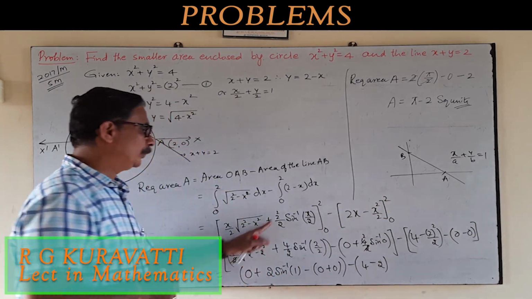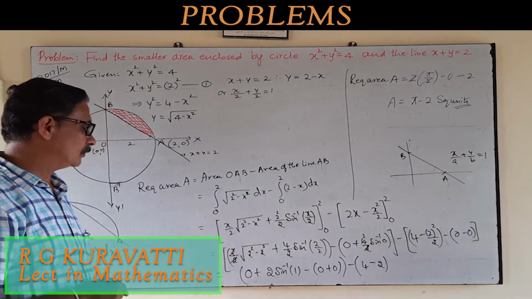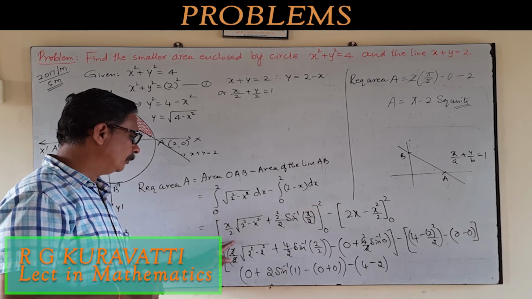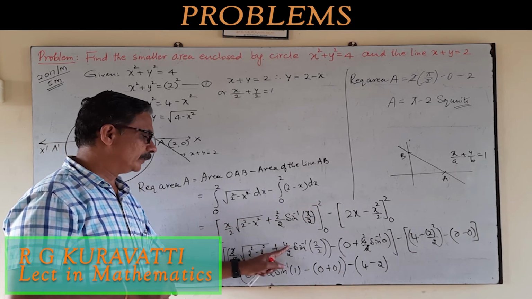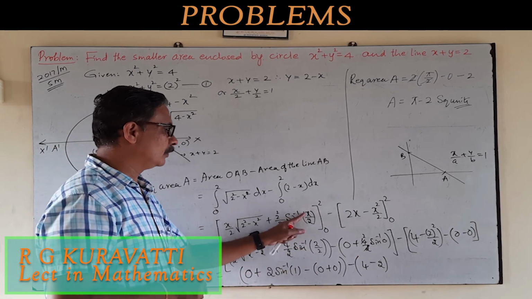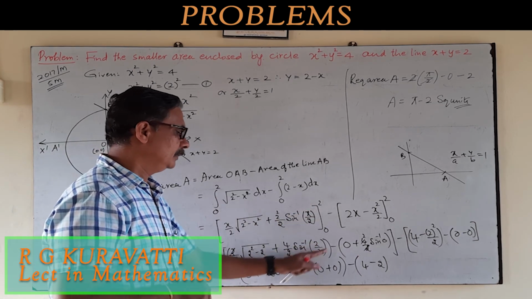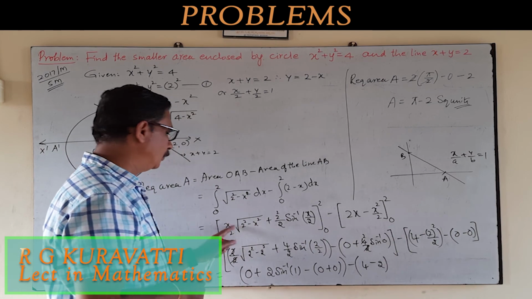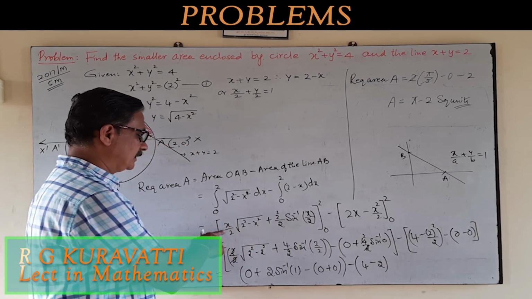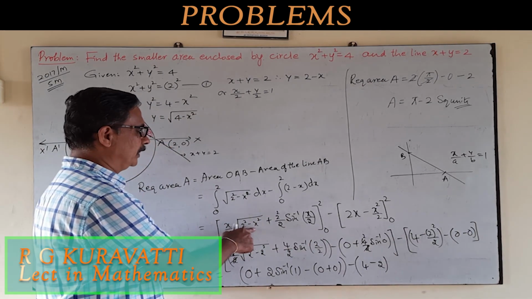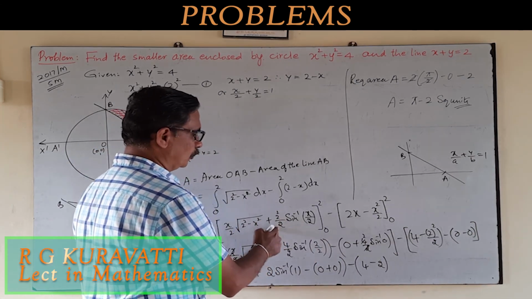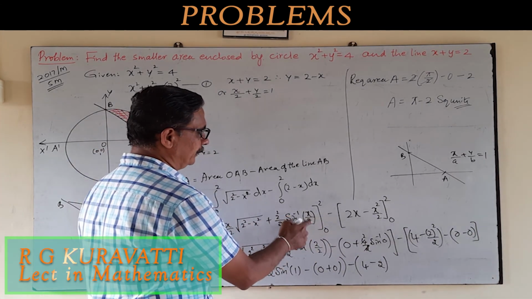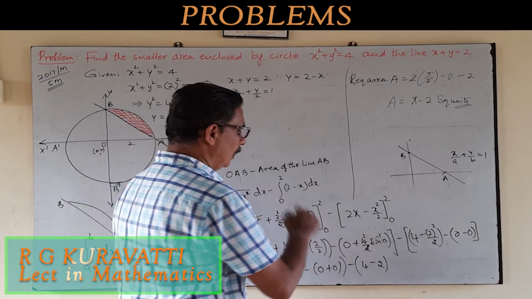Now put x equal to upper limit minus x equal to lower limit. Upper limit: 2 by 2 under root of 2 square minus 2 square, plus 2 square by 2 sin inverse of upper limit x value 2 by 2, minus lower limit 0. Put x value 0: 0 by 2 is 0 into root of 2 square minus 0 square, that complete part becomes 0, plus 2 square by 2 sin inverse of lower limit 0 by 2 is 0.